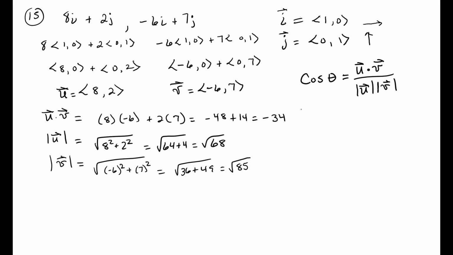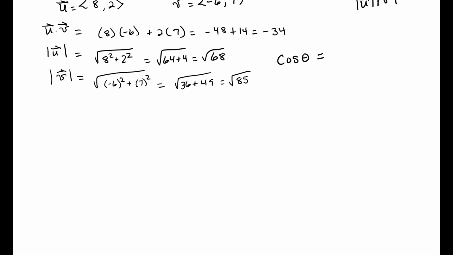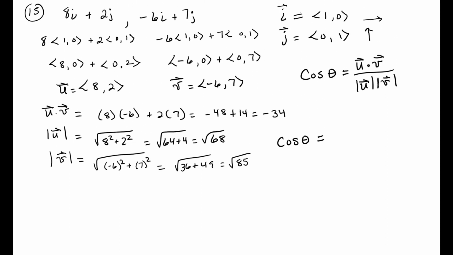All right, and so the cosine of theta in this case will equal negative 34 divided by the square root of 68 and the square root of 85. Okay, so we do that on our calculator.